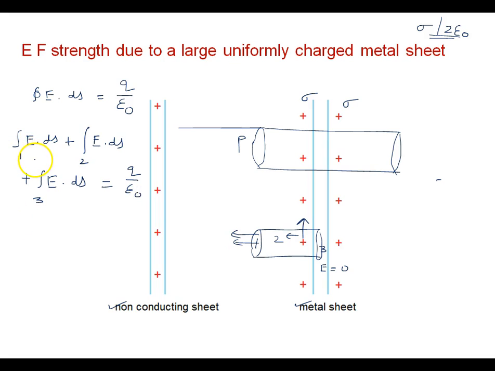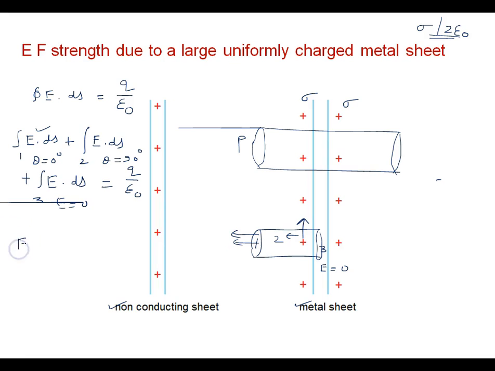In the first region, I hope it is clear to all of you, theta equal to 0 degree. Second region, theta is 90 degree. Third region, electric field is 0. So I hope only this first will be utilized.